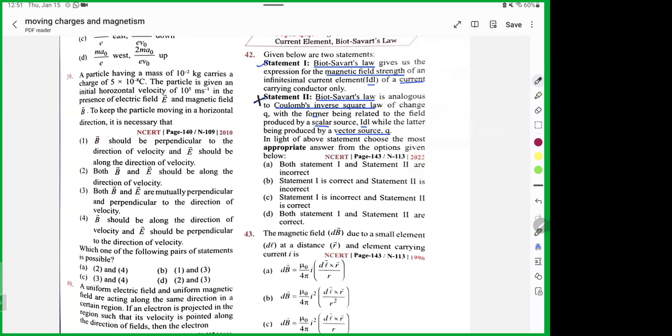No. Why? Because Id l is the vector form and Q is a scalar source. Q is a scalar quantity, no? But Id l is a vector quantity. Make sense?